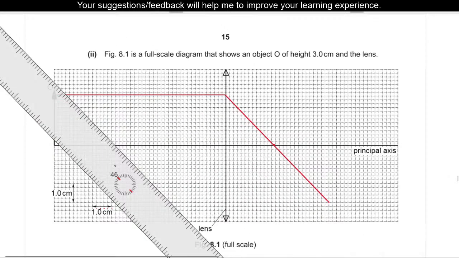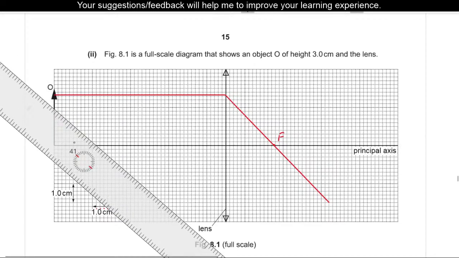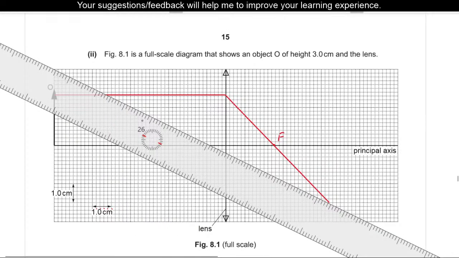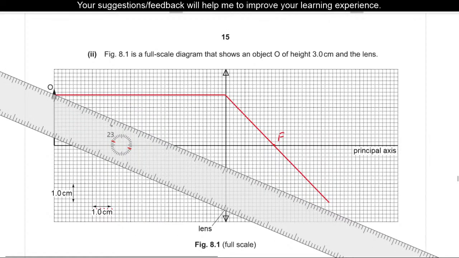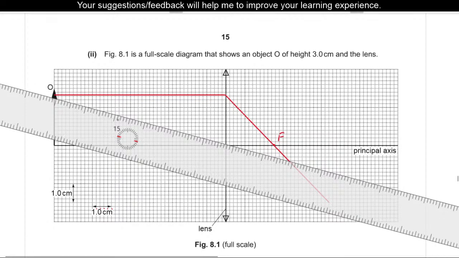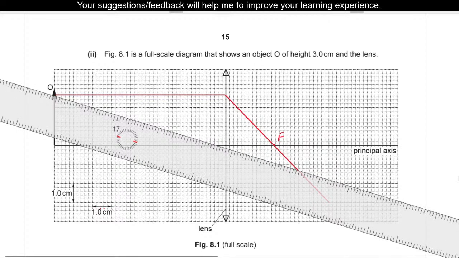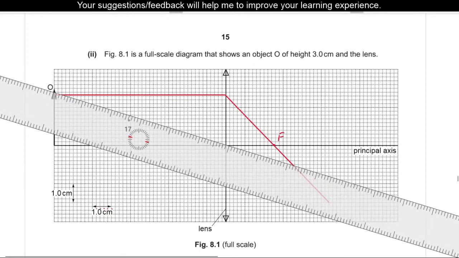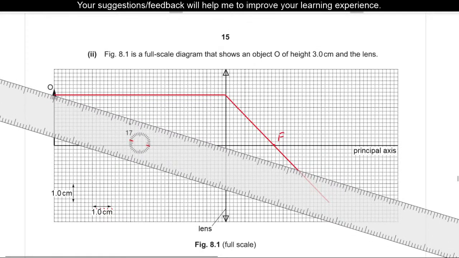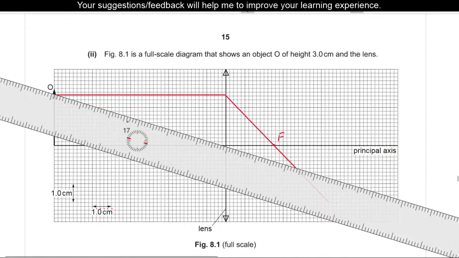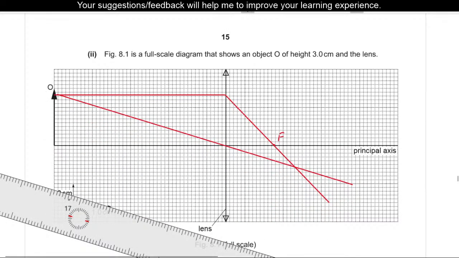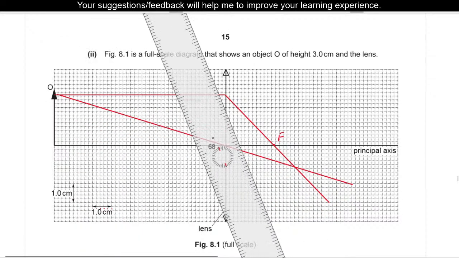Let's mark it F as well. Another line will be drawn through the optical center, straight through the optical center. It would be like this, and that's it. And here you will get the image I.